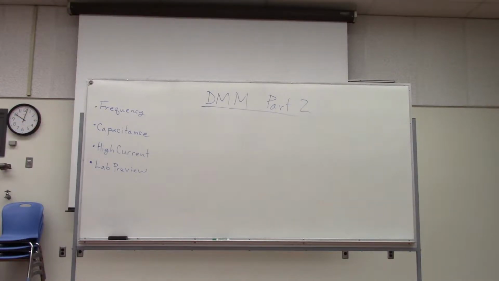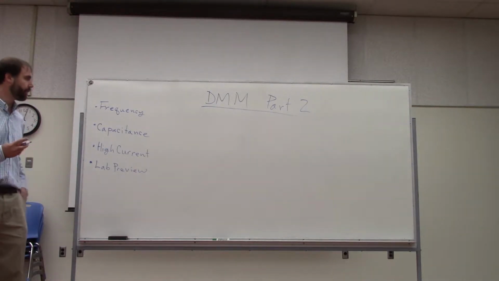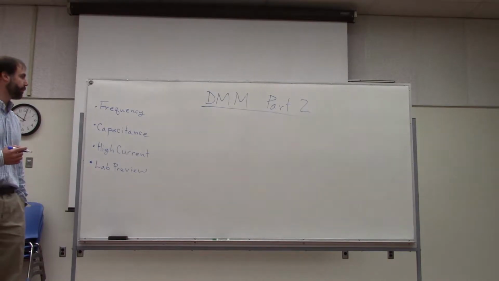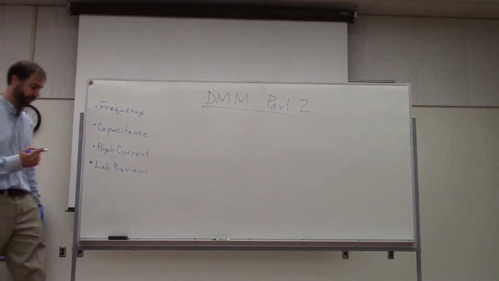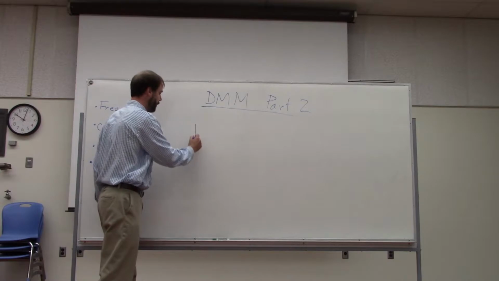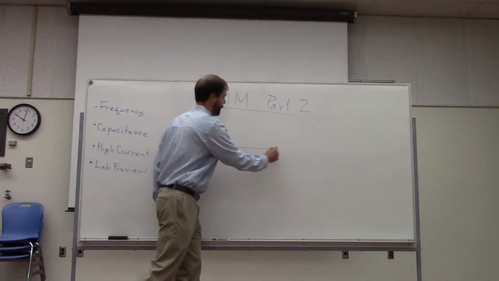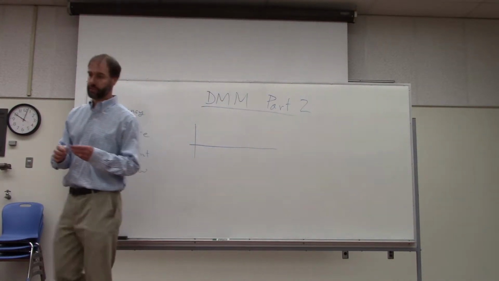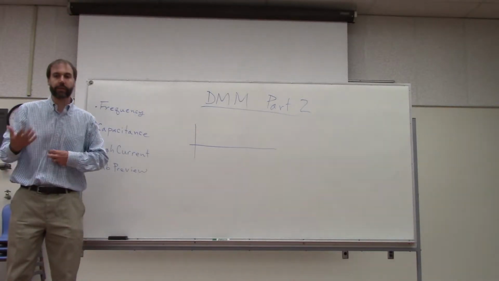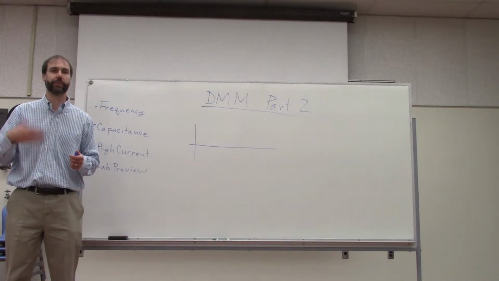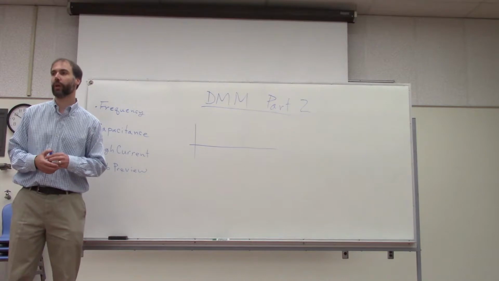So let's start by talking a little bit about frequency. We've already discussed this a little bit, but let's go through it again and talk about some of the definitions that go along with frequency. Frequency is a term that applies to a signal or a phenomenon that repeats over and over again.